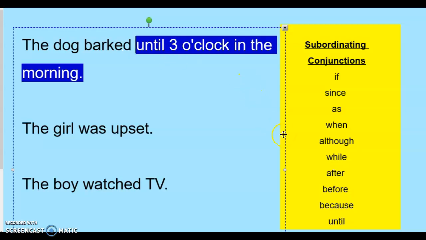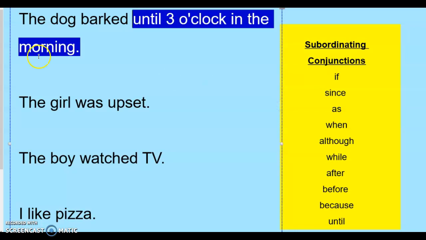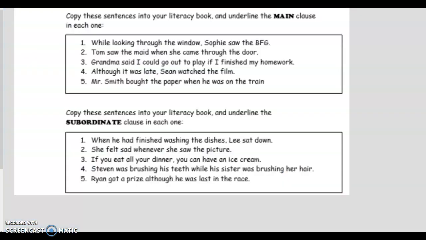So can you now see if you can write your own sentences here that attach on a subordinating conjunction using one of these from the list, okay? Once you've done that, upload it to Seesaw. Your next task after that is you can either copy these sentences down, and in these sentences here, you can highlight or colour in, or you can write them in your book, the main clause in the sentence.